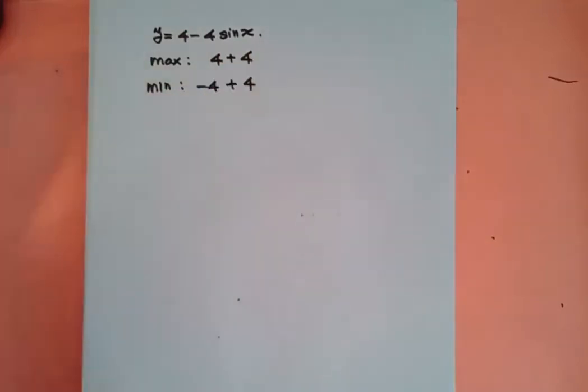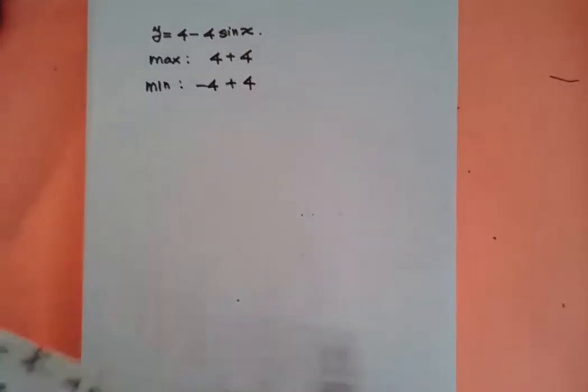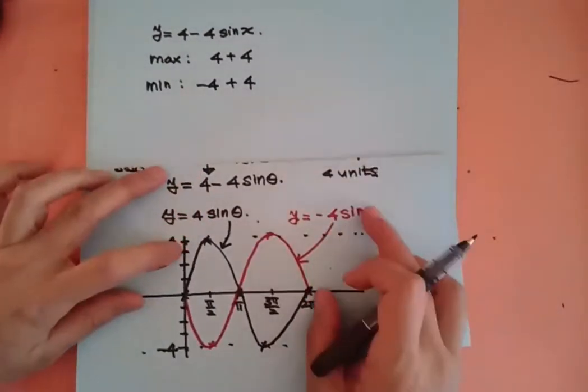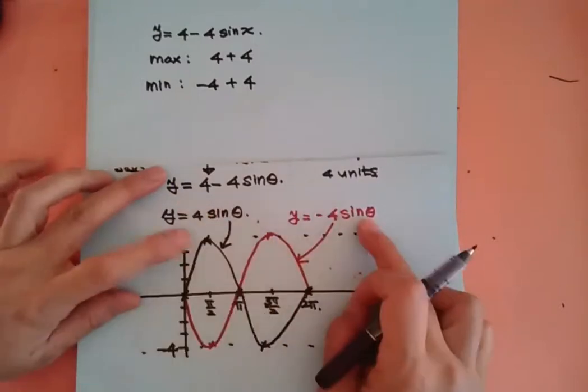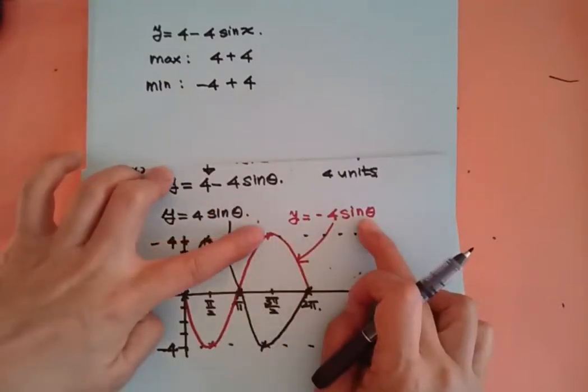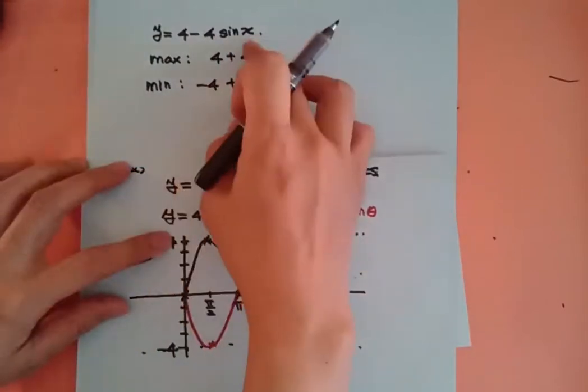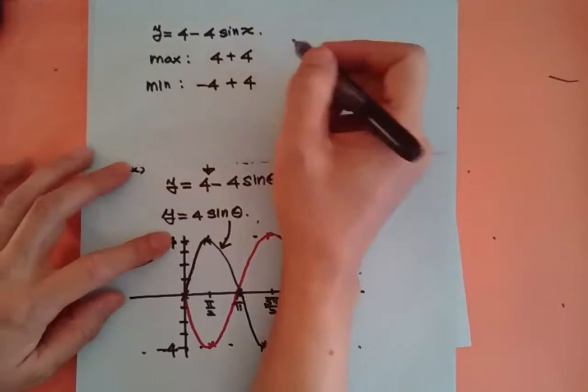That's because before we add 4, the maximum of this graph is 4 and the minimum of this graph is minus 4. And so we added 4 to the maximum and minimum.